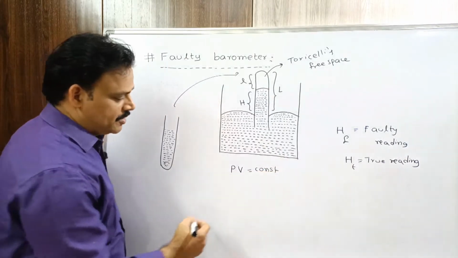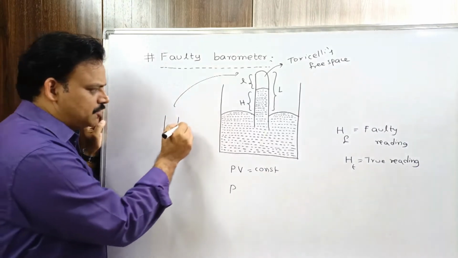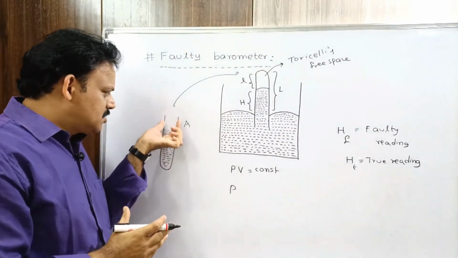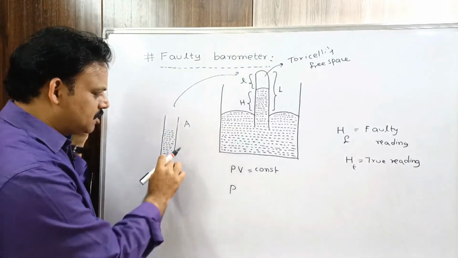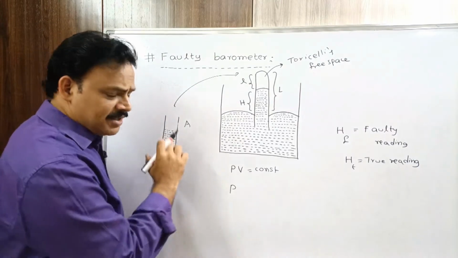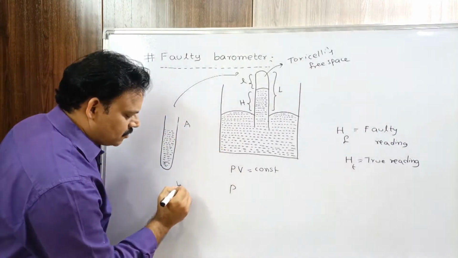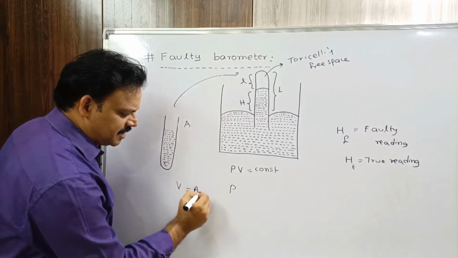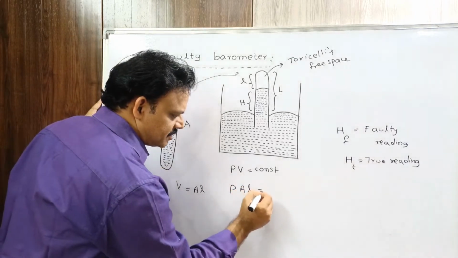I am taking a glass tube which has uniform cross section. What do you mean by uniform cross section? The area is constant throughout the length of the tube. Therefore, I can write the volume expression. It is of cylindrical shape, so in place of volume I can write area into length, that is equal to constant.